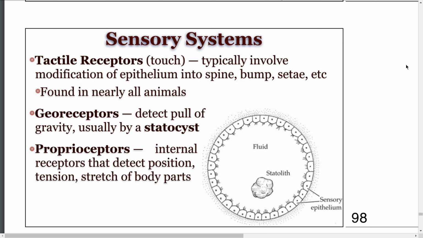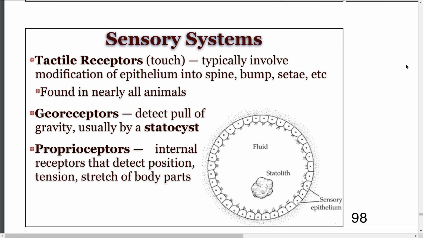Surrounding that fluid-filled sphere are the sensory epithelia with little cilia that detect when the statolith bumps against them and displaces them. So which of these cells get stimulated tells the animal which side is down.